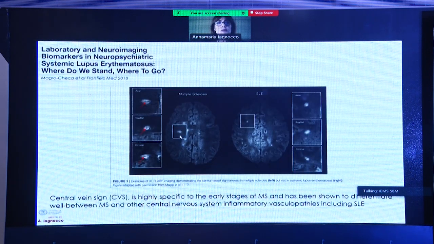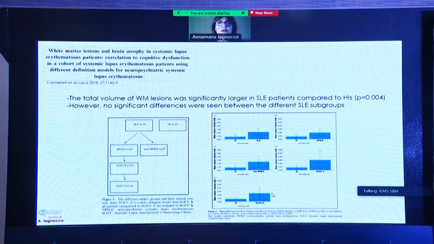Another interesting application of neuroimaging is the differential diagnosis from multiple sclerosis.